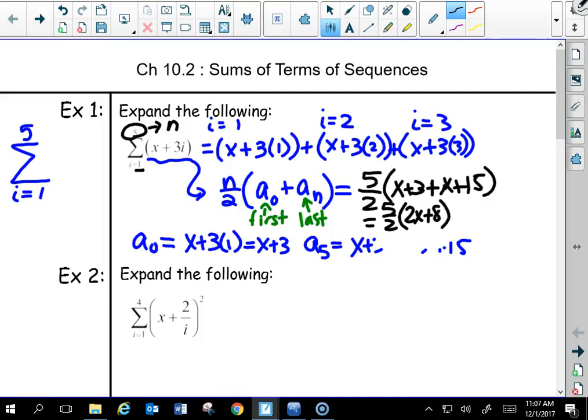And I can divide that. Now on some of these we can simplify. On some of the answers to the quizzes we have to simplify. On some of them we don't.